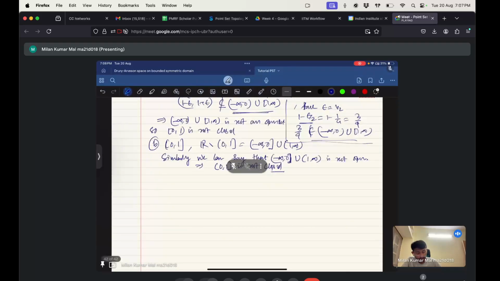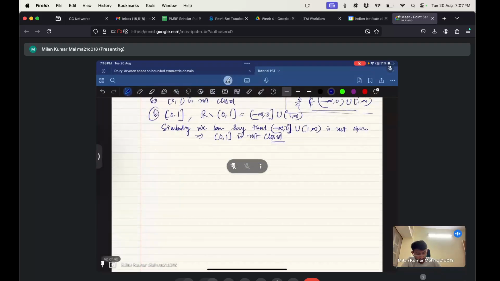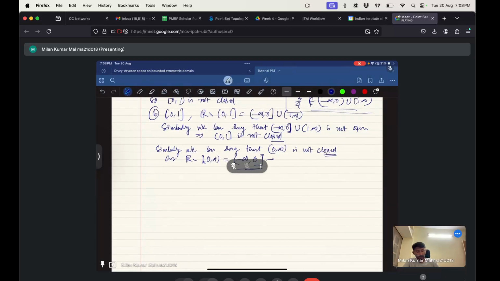Similarly, we can say that [0, infinity) is not closed, because R minus [0, infinity) equals (minus infinity, 0), which is not open.